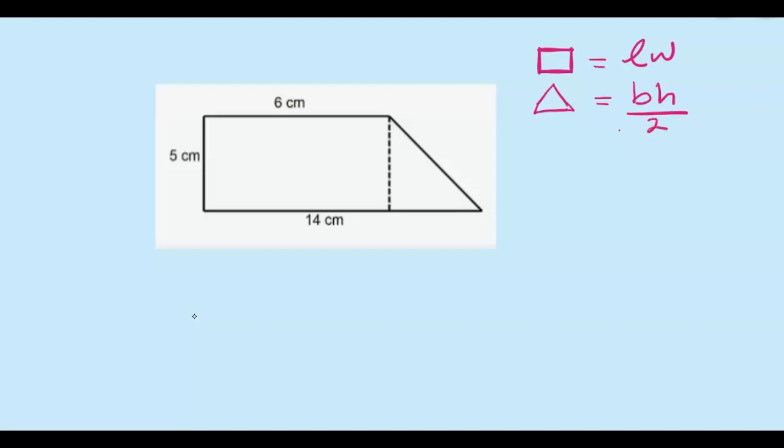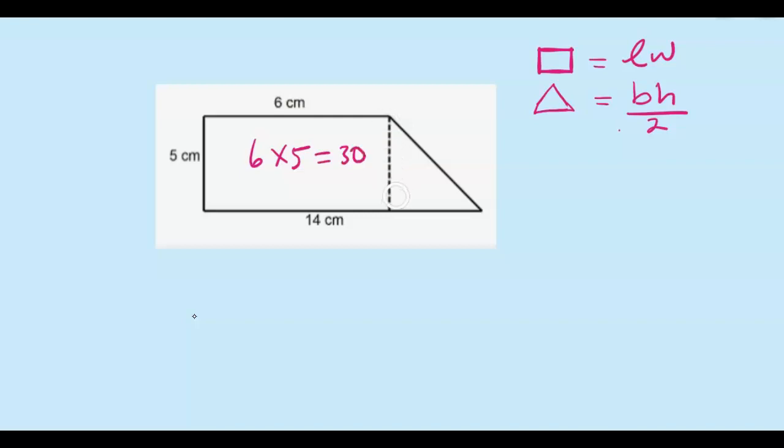First of all, let's look at the area of this rectangle. The length is 6 and the width is 5. So here we got 6 times 5, which gives us 30.